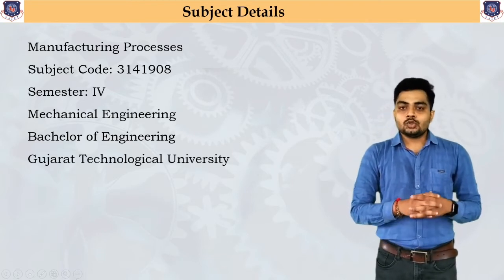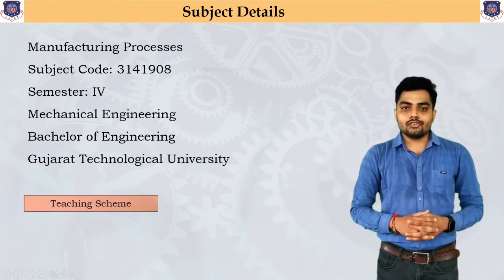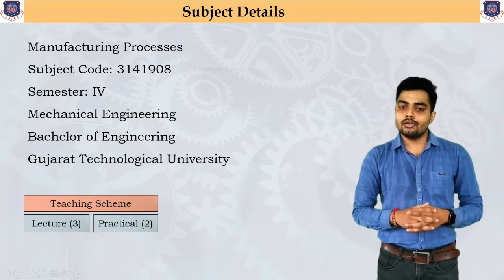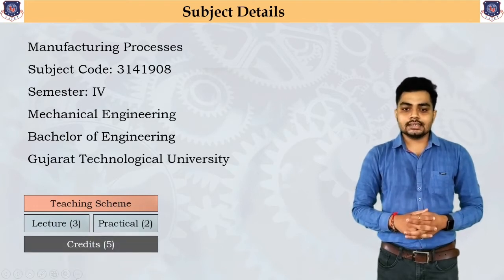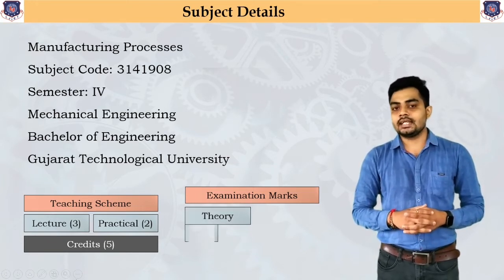So now, to understand the teaching scheme, this subject consists of 3 lectures and 2 practicals, and that's how it is given 5 credits. Similarly, if we discuss examination marks, the theory section consists of 70 plus 30 marks.